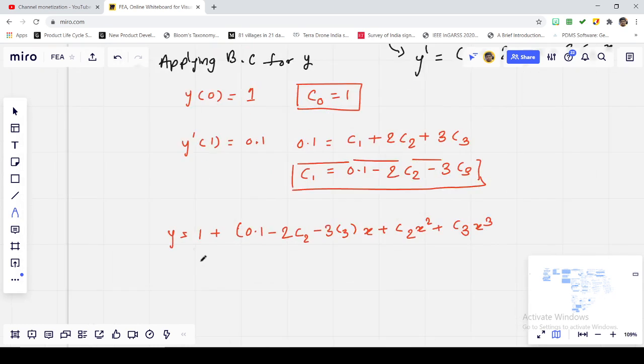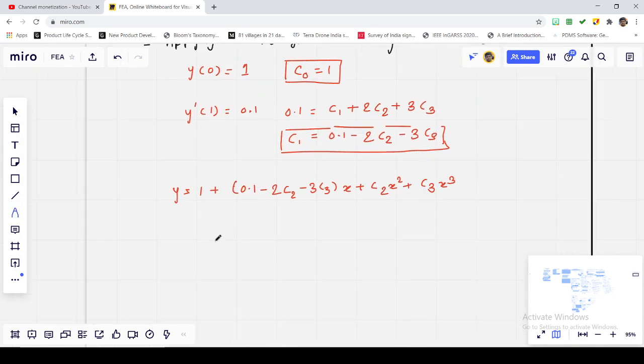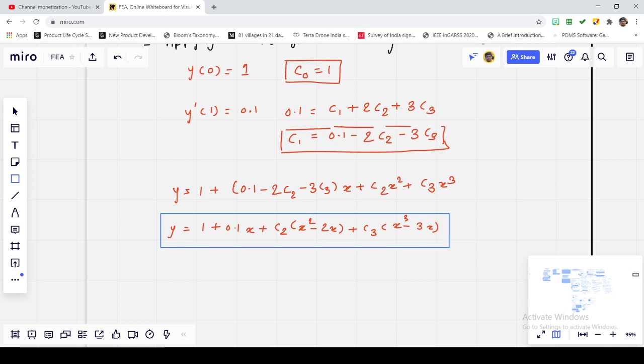Okay, after simplifying this, you will get the final term of y, which is 1 plus 0.1x plus c2. I will take common, I have two terms of c2, so it will be x square minus 2x, and c3, I will take common, you will get x cube minus 3x, and this will be your final equation for y.